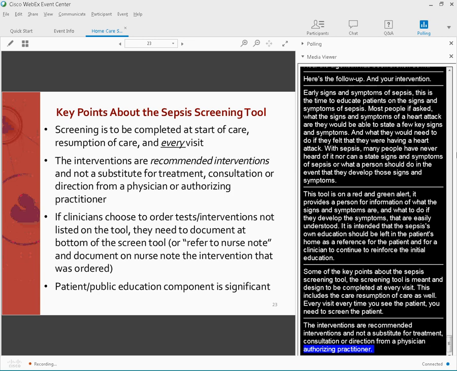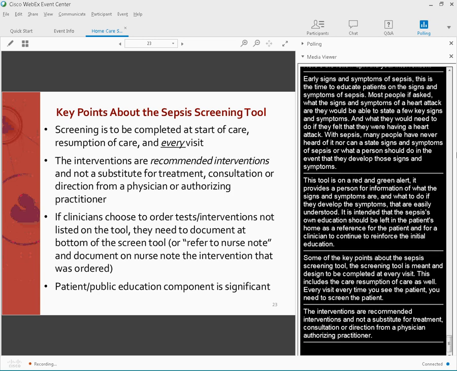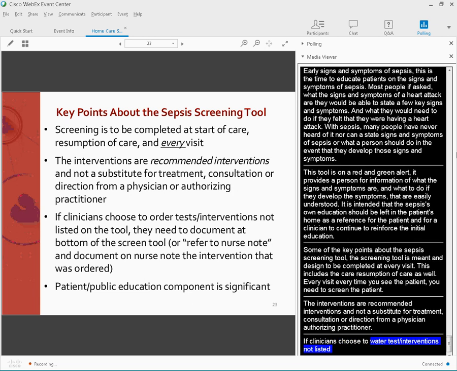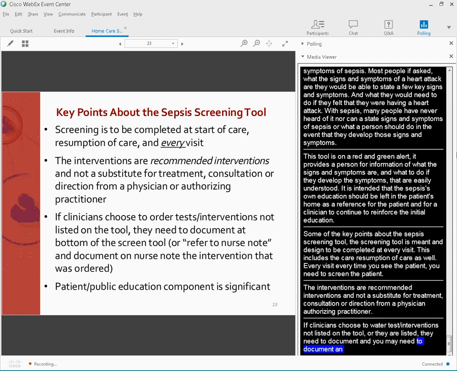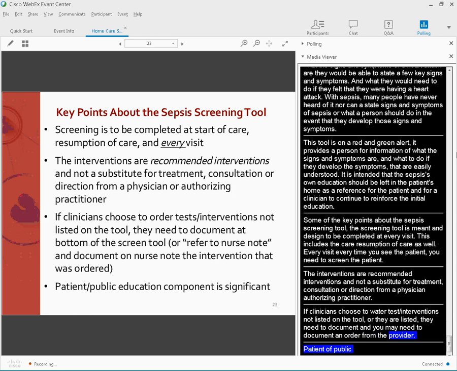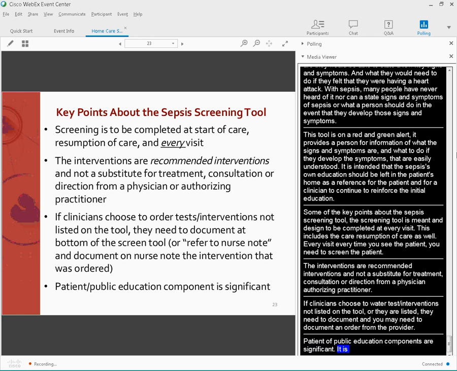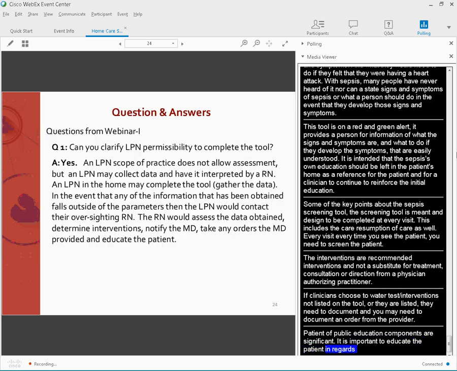If the providers choose to order interventions not listed on the tool, or that are listed on the tool, you do need to document, and you may need to document an order from the provider. The patient and public education component is significant. It is important to educate the patient in regards to sepsis. Next slide.